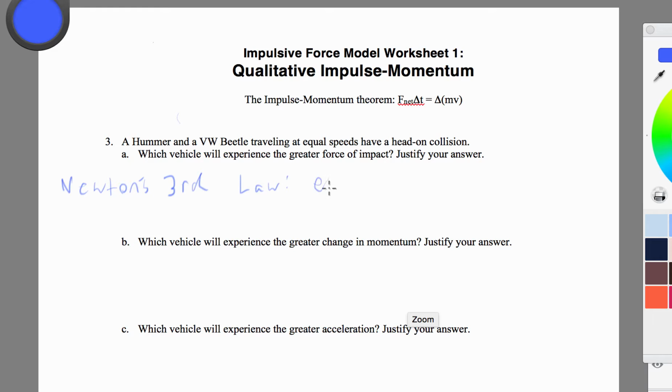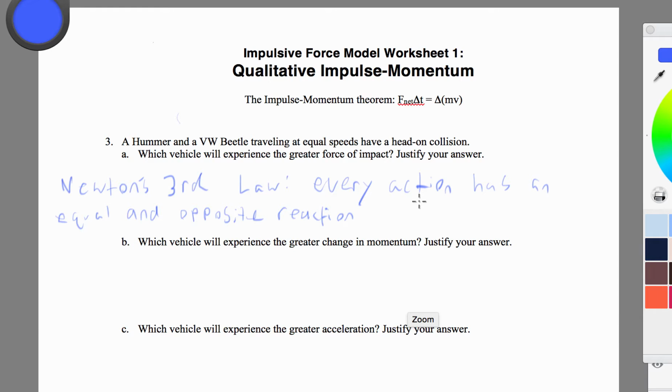Every action has an equal and opposite reaction.